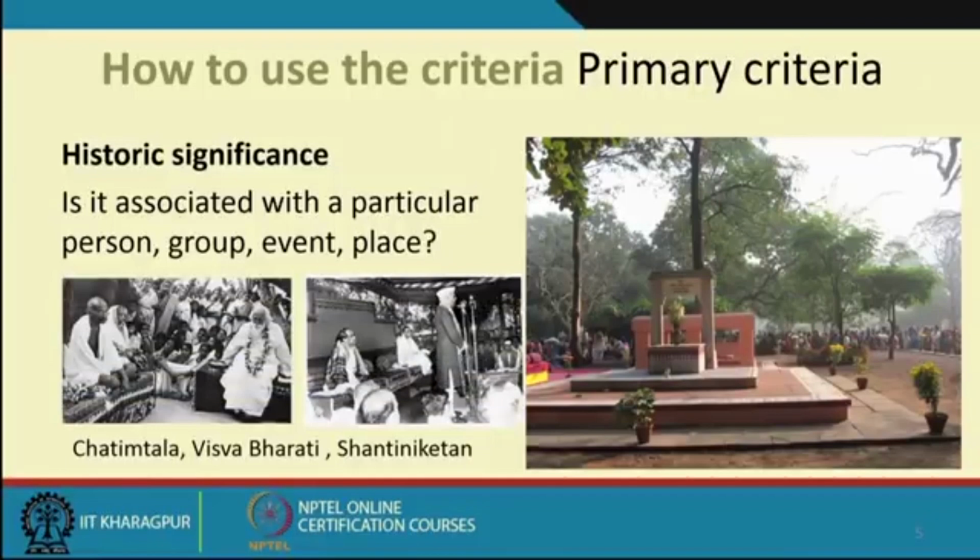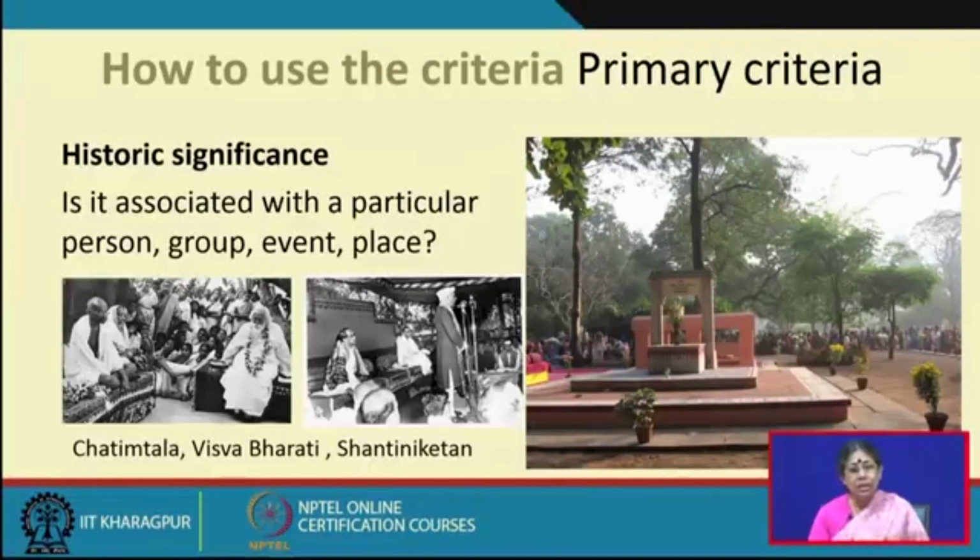This is important because this is the place where Gurudev's father did meditation. It is very important spiritually, but it is also important because this is the main soul and heart of Vishwabharati, where, as you can see, when Gandhiji and Kasturba came, they were sitting there.